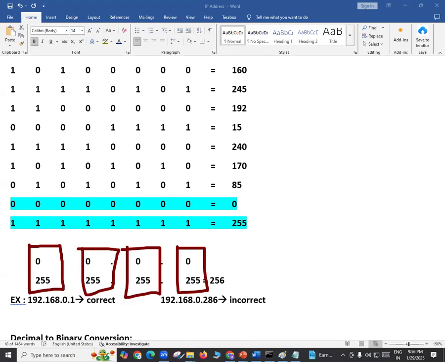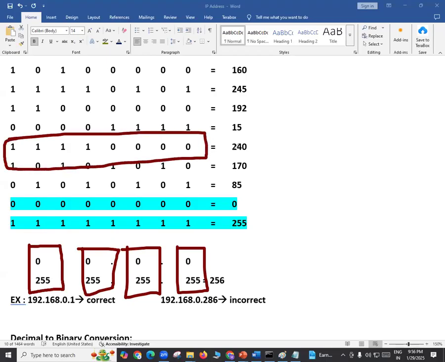This is the IP version 4 range. The numbers are between 0 and 255. We simply cannot use a number like 256 or above. This is the limit of IP version 4. In every octet we can use a decimal value between 0 and 255. The reason is if you use any number from 0 till 255, the binary will be totally 8 bits.